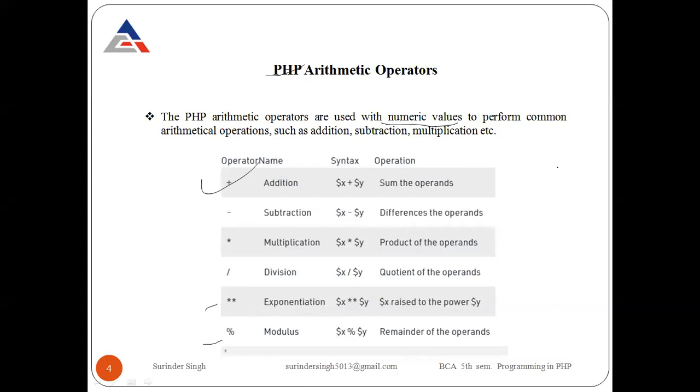Addition is the sum of the operands, subtraction the difference, multiplication the product, division the quotient of the operands, modulus the remainder, and exponential is x raised to the power of y.